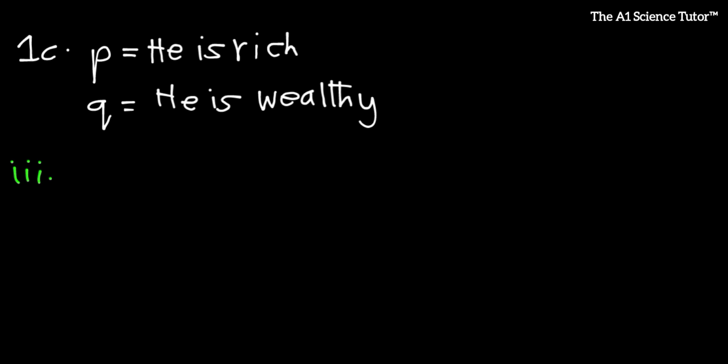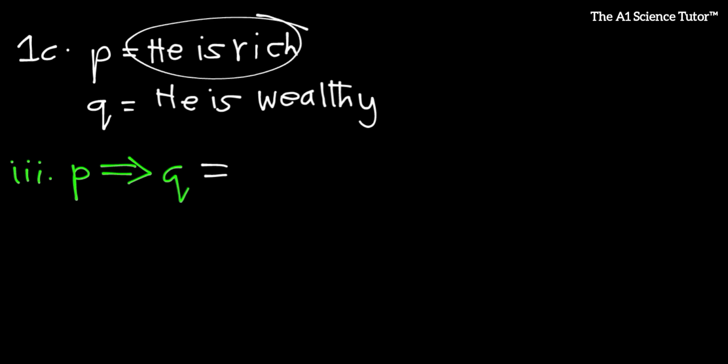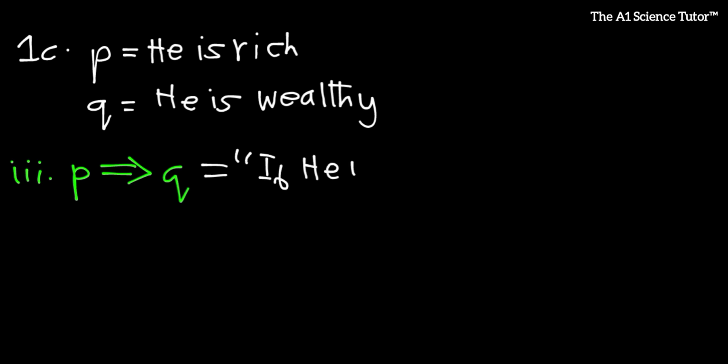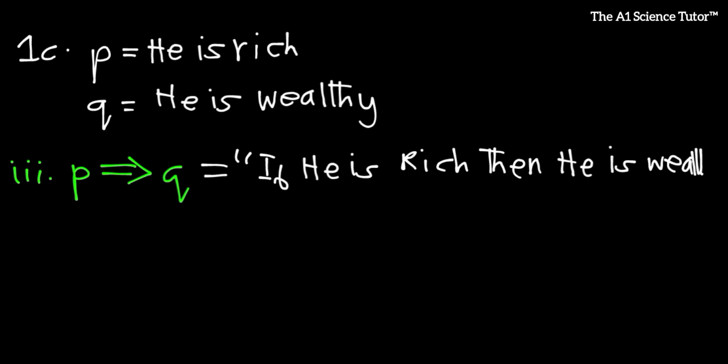And the next one we have is P arrow Q. Now, I've already talked about this. This is an implication. So what that means is, if he is rich, then he is wealthy. That's basically it. If he is rich, then he is wealthy.